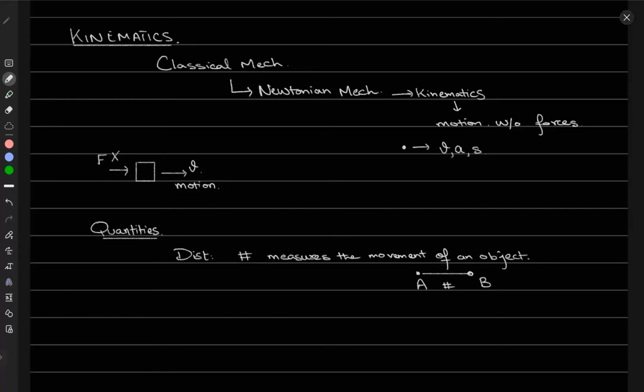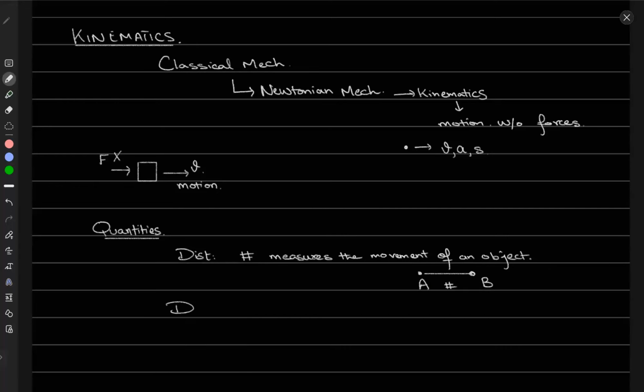Now, you can have something that is known as displacement. Displacement is really the distance. So everything that I said about the distance is still valid, but we also consider direction, right? So displacement is the distance that any object travels from a fixed point.